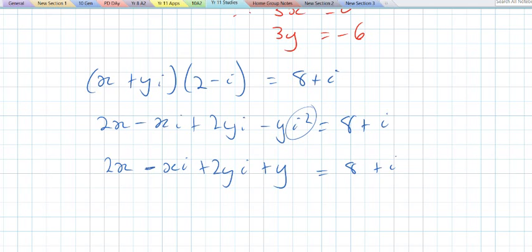Now I find it helpful to group the real and imaginary parts on the left. So our real parts are the 2x plus y, and then our imaginary parts are minus xi plus 2yi.